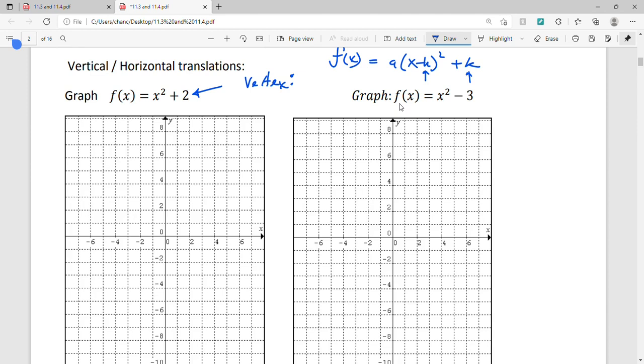So for this problem, I can rewrite it as f of x equals x minus 0 squared plus 2. That means my vertex is h, which is the 0, and k, which is 2. So the vertex is 0, 2. That forces my graph to be shifted up 2, but the shape is still the same.